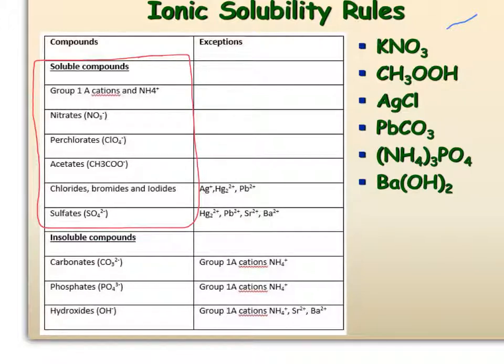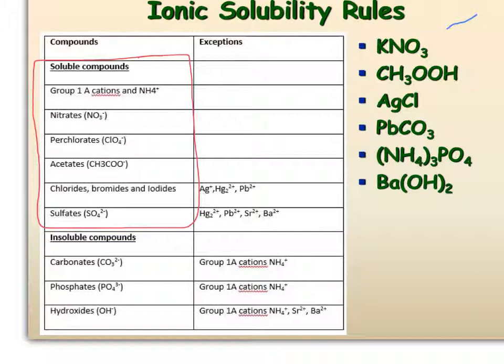So one thing without any exceptions is stuff from group 1A, so anything that has a +1 charge, and ammonium, which also has a +1 charge, those will always dissolve, regardless of what the negative half of the compound is. And then the next three are polyatomic ions, nitrates, perchlorates, and acetates that have no exceptions, regardless of what's attached on the positive side, will always dissolve.